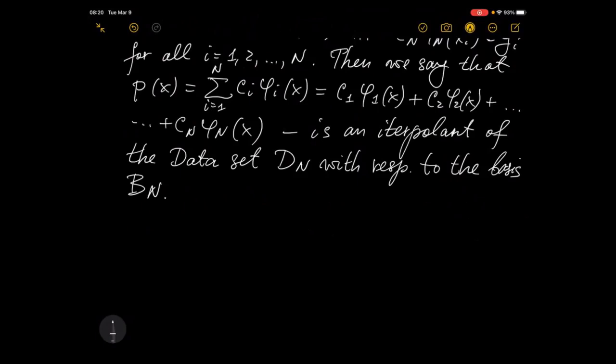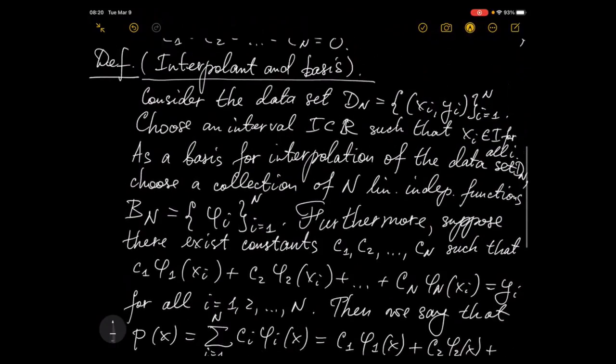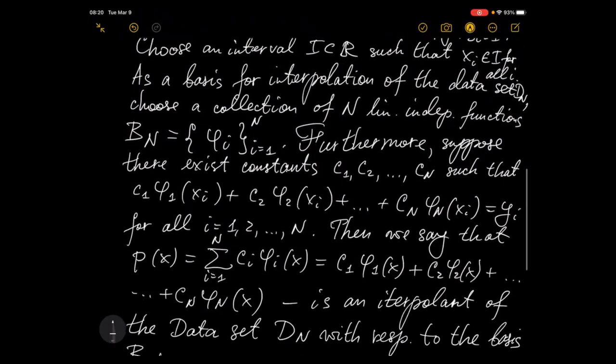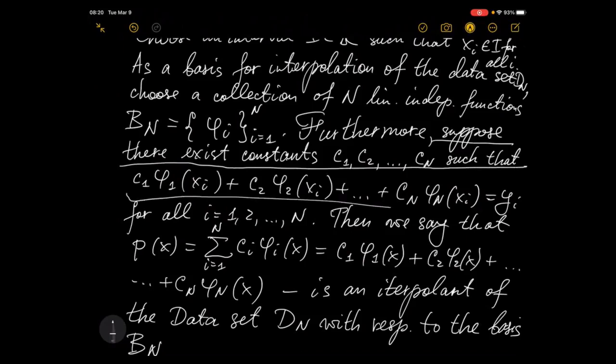Now, the question is that if we have a look at this definition, we are saying, suppose there exist constants such that our y's can be represented as a linear combination of our basis functions at the corresponding values of x.